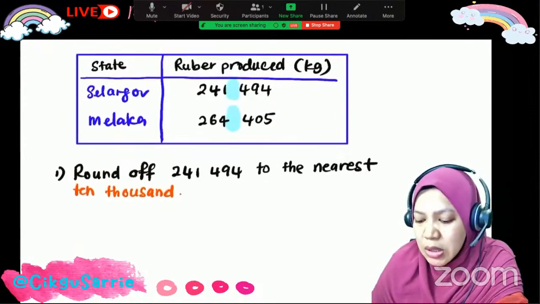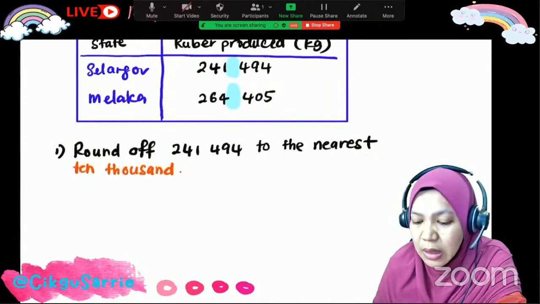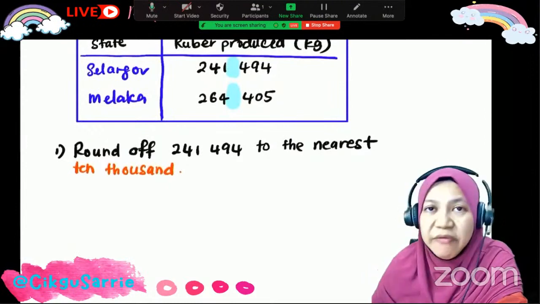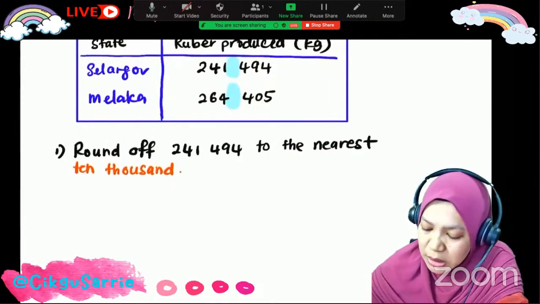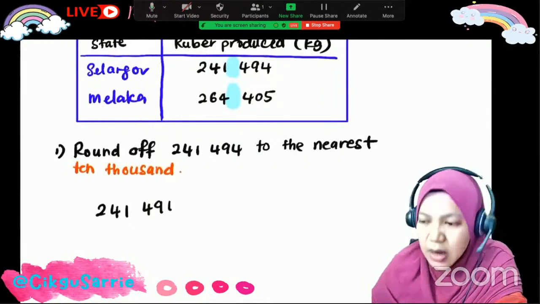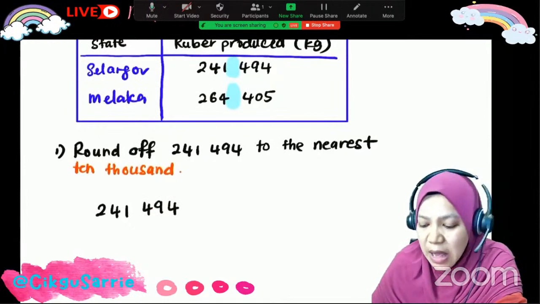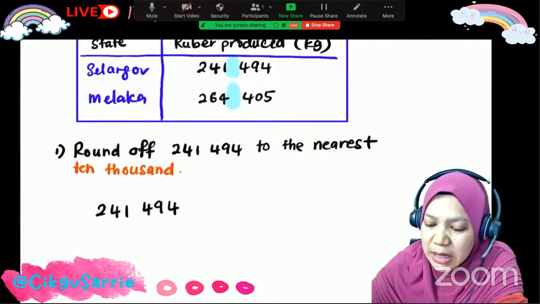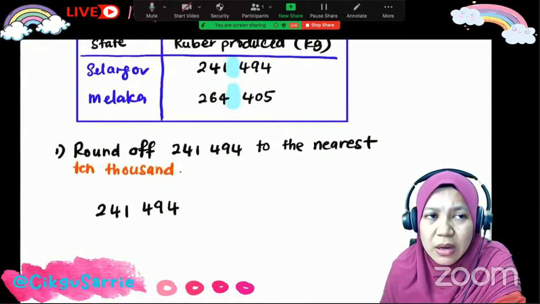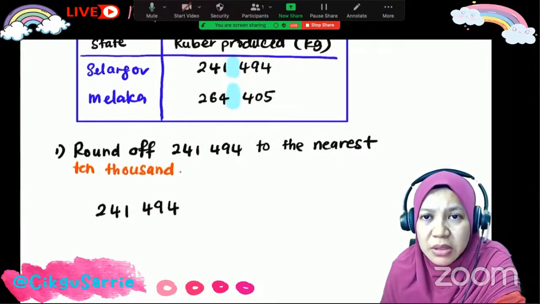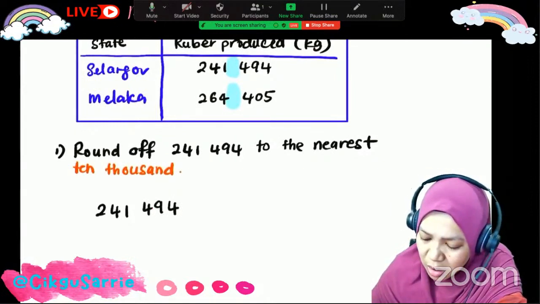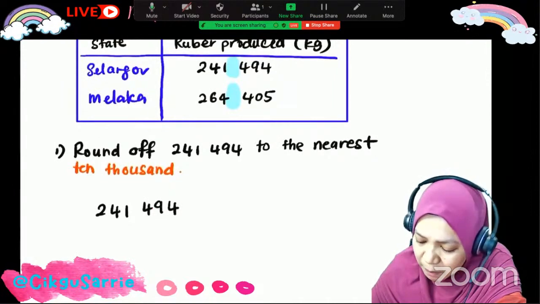So how do we do it? My style, which I did with my students before, is I just write down the number again, 241 494, and the next step is I underline the digit that the question asks for. For example, in this question, we are asked to round off the number to the nearest 10 000. So look at the digit in the 10 000 place. Here.